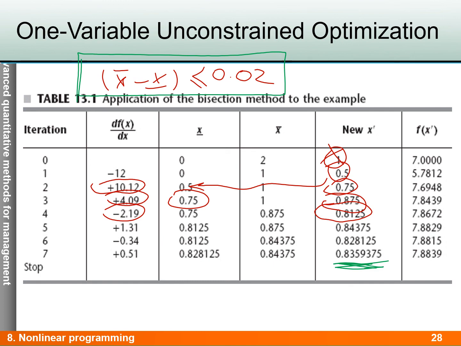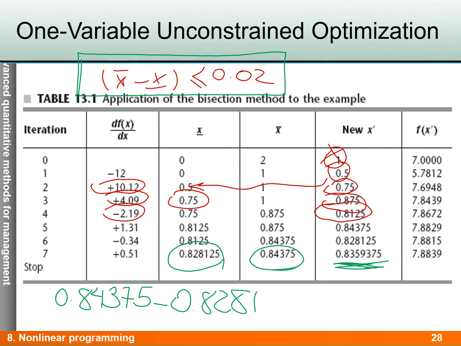It means that if I subtract from this one this item, 0.84375 minus 0.828125 should be less than or equal to 0.02.